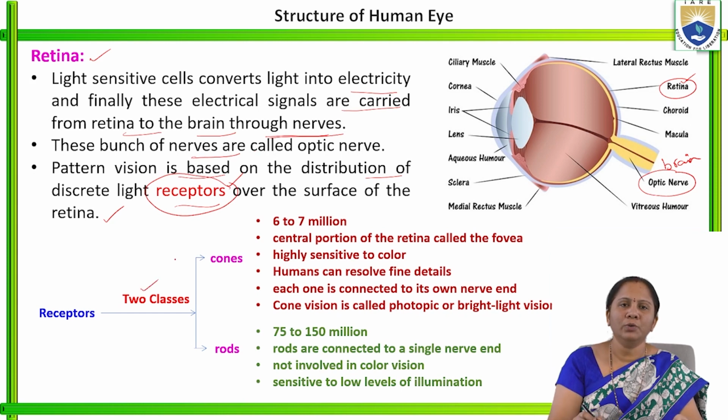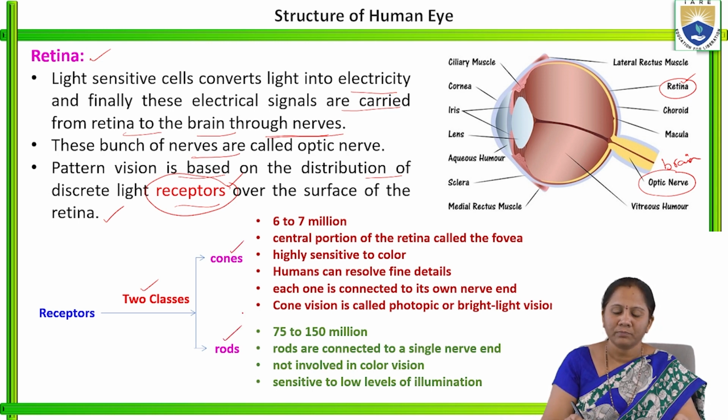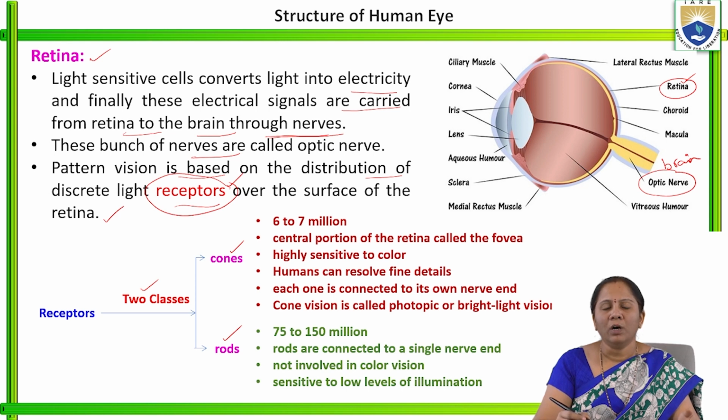Receptors are classified into two classes: cones and rods. First, what features do the cones have?